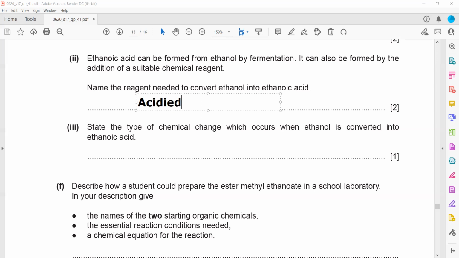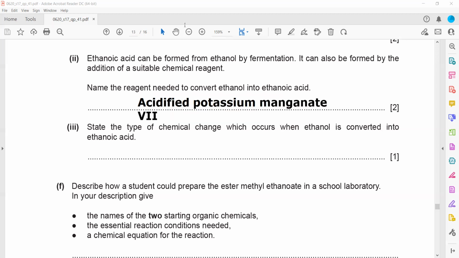Acidified means acid is also added. Potassium manganate, and the oxidation number of Mn is 7, so that's why it is manganate(VII).